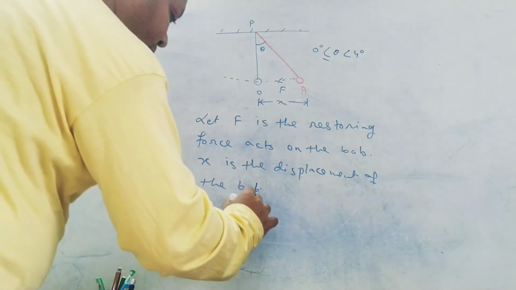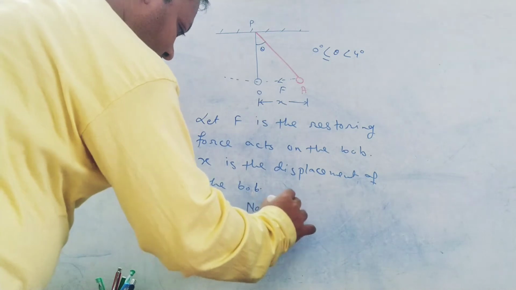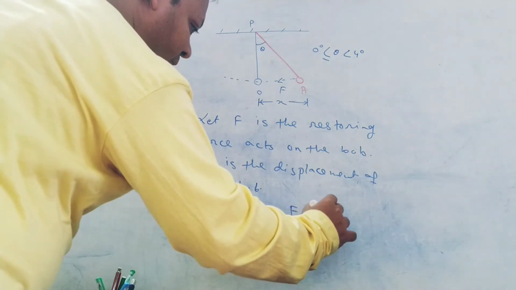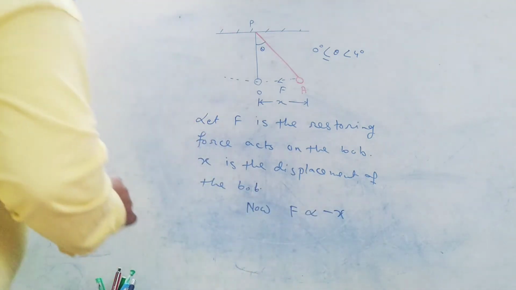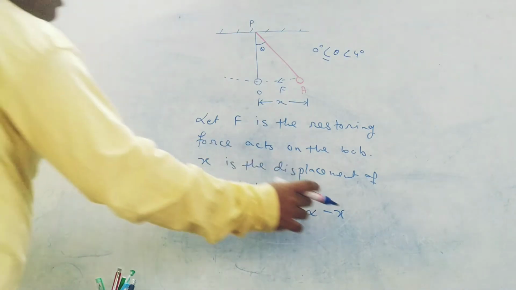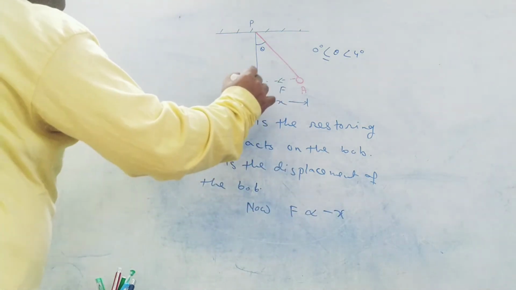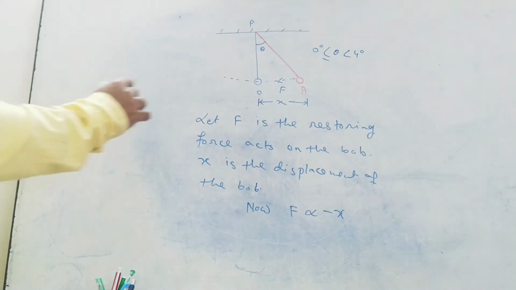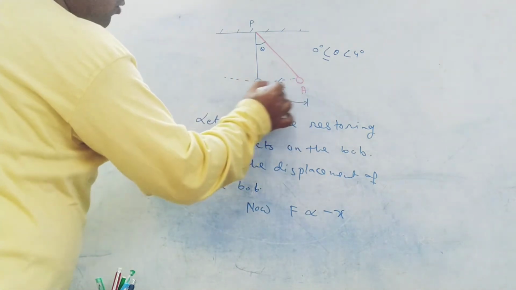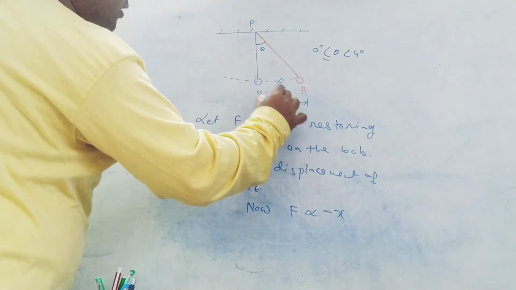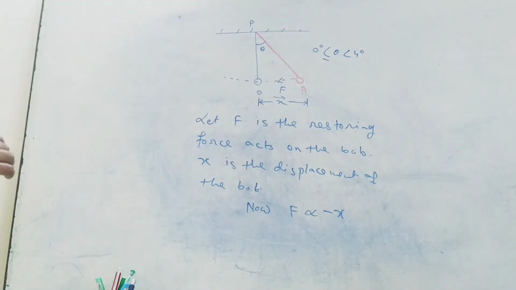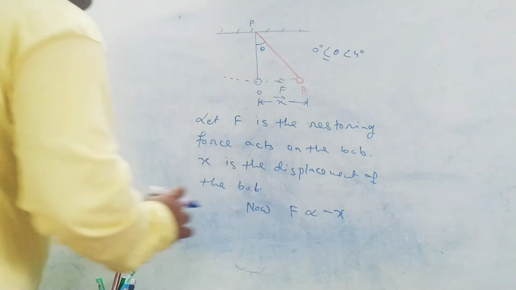Now F is directly proportional to x, and we introduce a negative sign because the direction of F and x are opposite. F acts from A to O and x acts from O to A. That is F is directly proportional to minus x.